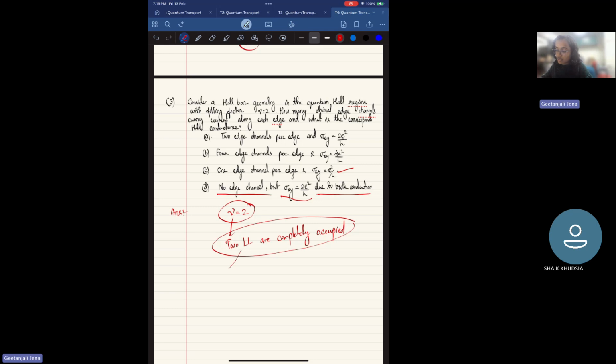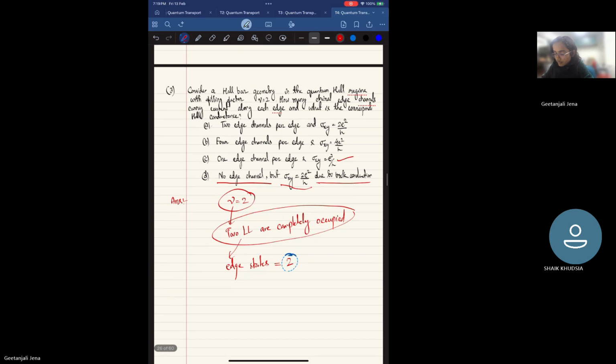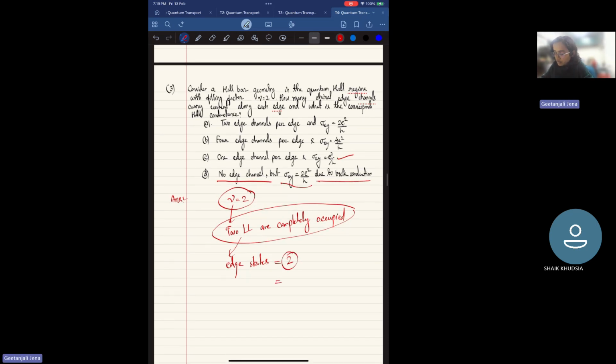So each Landau level will cross the Fermi energy across the edge. So the number of edge states will be equal to the filling factor, the number of Landau levels that are fully occupied. So it will be 2, and the conductance will be 2 times e square by h. Answer is A.